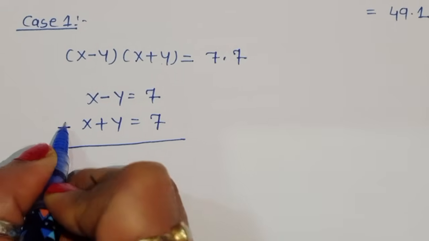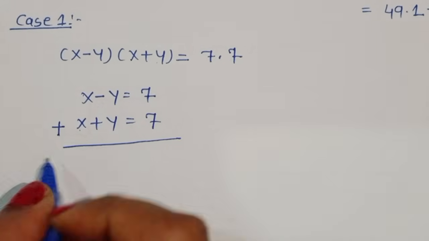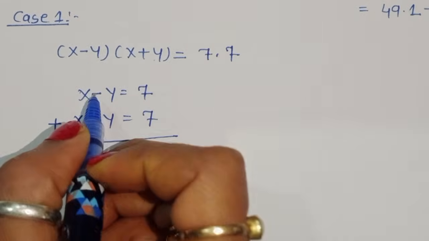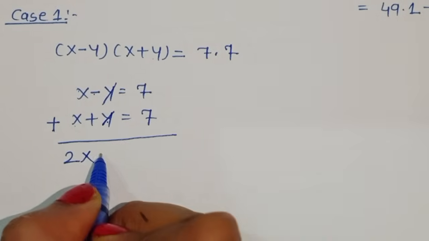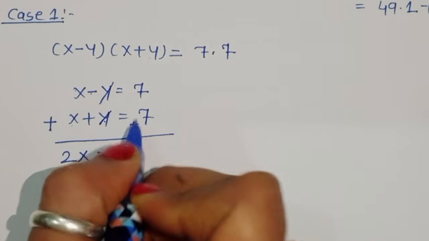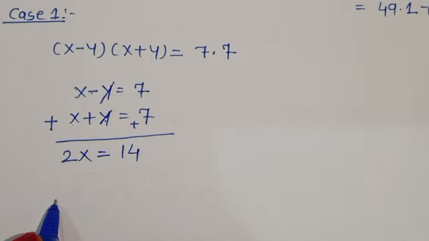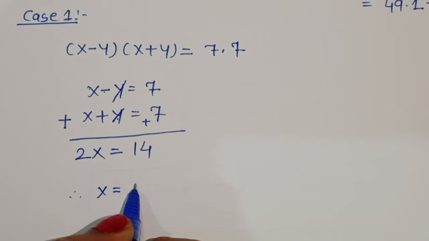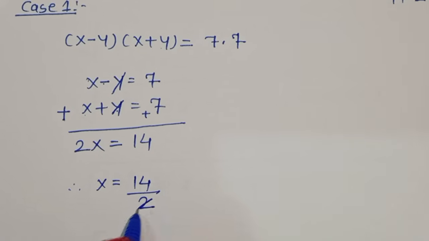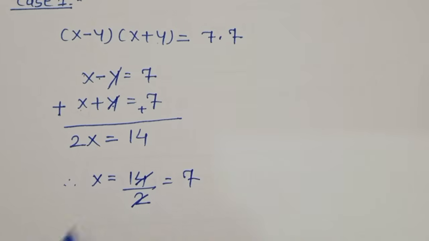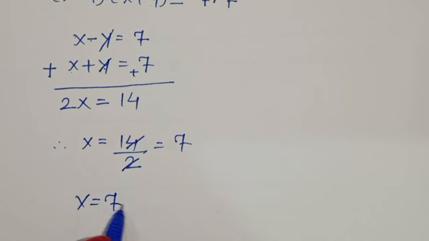Now when we are adding these two equations, we will get x plus x, that is 2x, and minus y plus y will cancel, is equal to 7 plus 7, that is 14. Therefore x is equal to 14 by 2. 2 sevens are 14. Value of x is equal to 7.